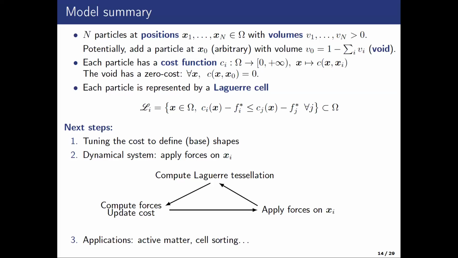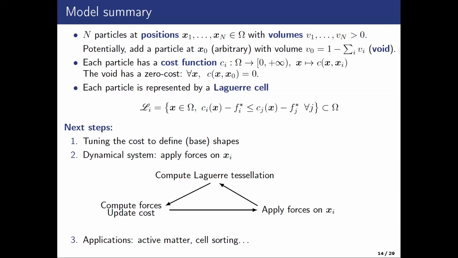So the basic loop is that I compute a Laguerre tessellation. Then given that tessellation, I can compute interaction forces that depend on the tessellation, which is just a computation. I apply the forces on the position, exactly like a molecular dynamics simulation. So I move the positions a bit.